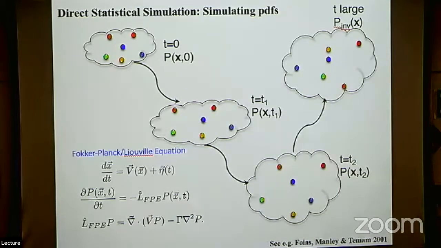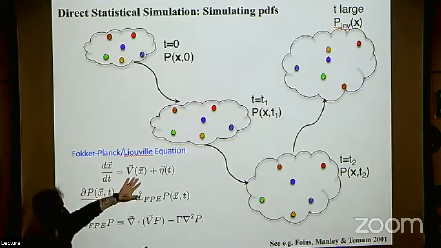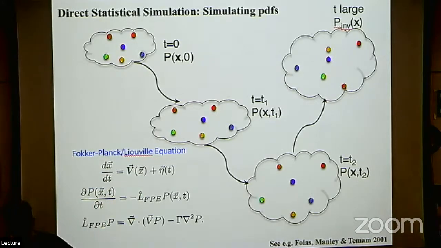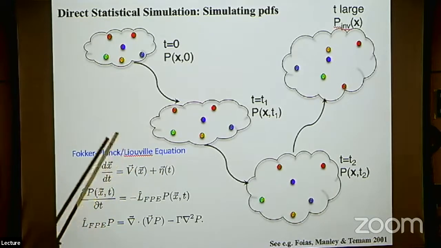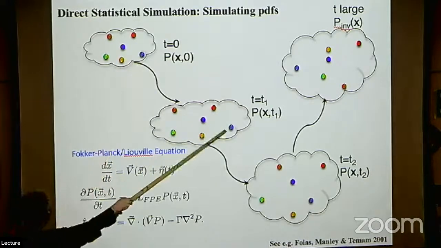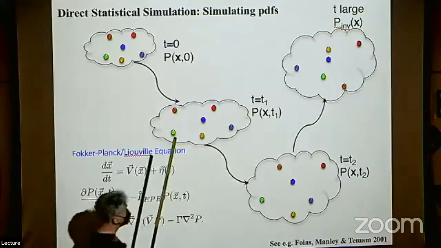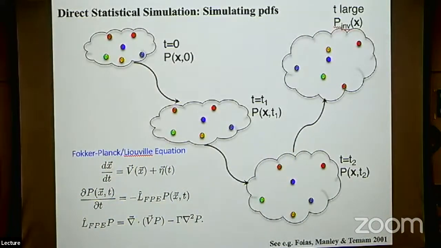So if the equation that describes their evolution is dx by dt is v, I've called it v to be reminiscent of a velocity, but it's any function plus perhaps some stochastic term, then these things will move around under the flow and jiggle a bit due to the stochastic term. We'll get to an invariant distribution at large time.